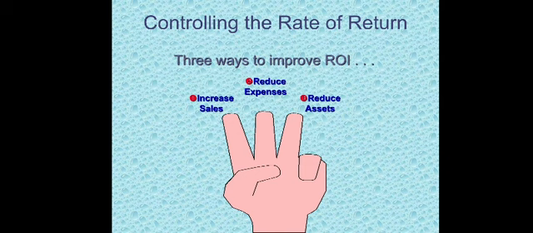When the center increases sales or reduces expenses, the profit will increase. So when the profit increases, the ROI will increase. And also, if the center can reduce the asset, then the center can also improve the ROI.